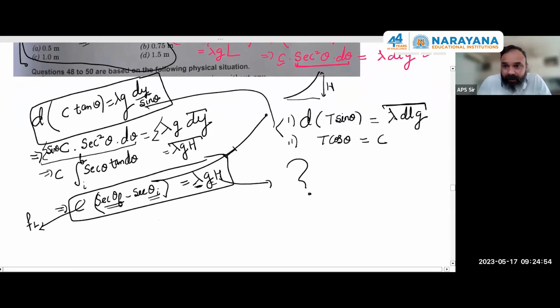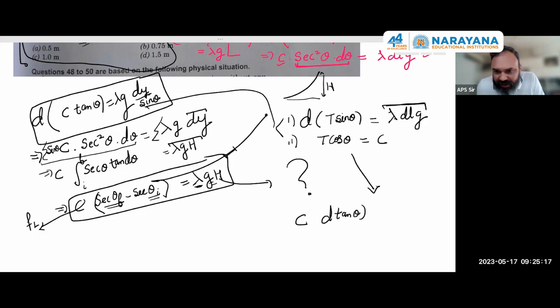Remember one more thing. In the previous part, when I calculated theta where it will start moving, that was not dependent upon the shape of the rope. In the previous equation also, while you solved the same thing, my result was C d tan theta equals lambda dl g.